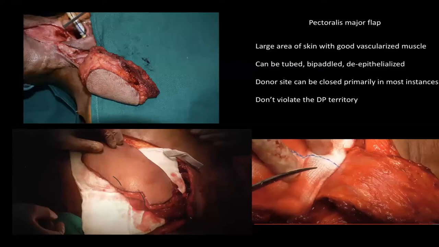If you look at the angiosomes that supply the pectoralis major muscle, the primary angiosome is from the pectoral branch of the thoracoacromial artery. The second angiosome is from the intercostal perforators of the internal mammary. And as you go further down, it's from the superior epigastric. Now, the superior epigastric perforators don't reliably supply, they're usually cut when you raise a very long flap, and this becomes the third angiosome.